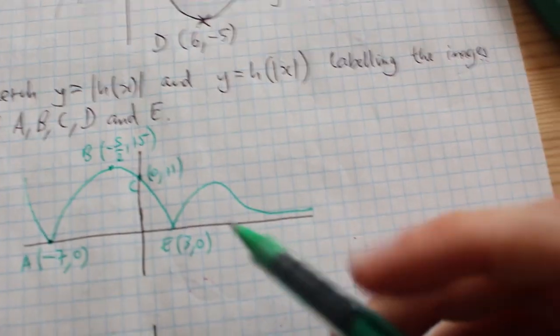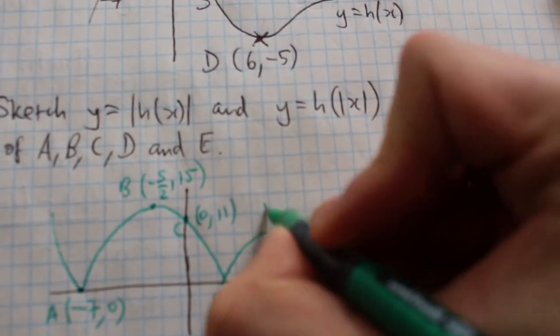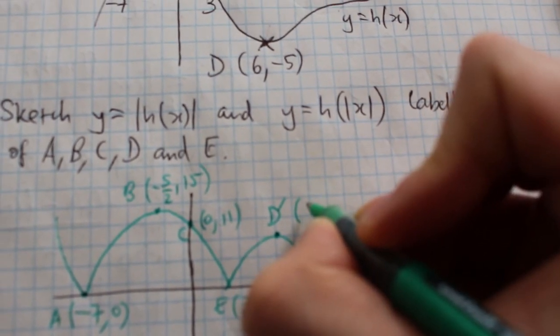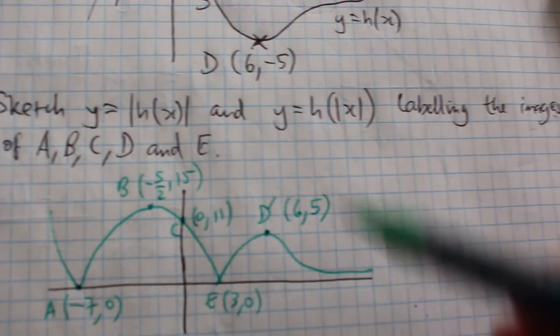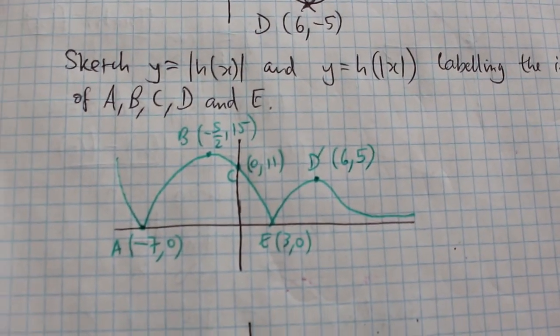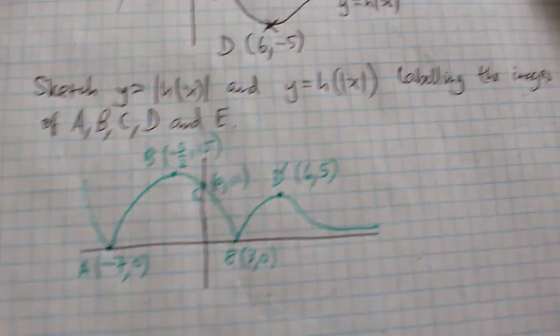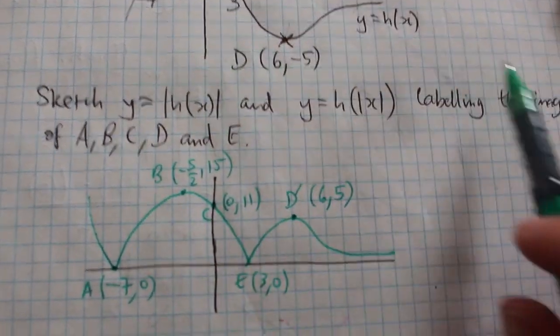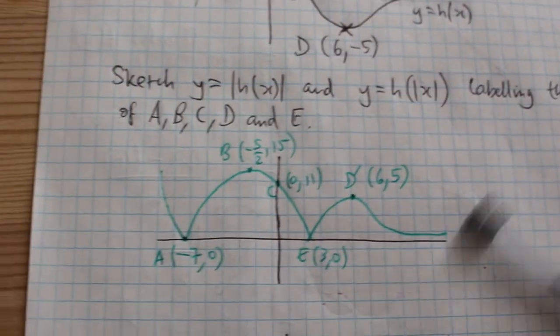But then this point D now moves up. So the image of D, I'll call it D prime, becomes 6, 5. So this negative y coordinate becomes positive. And the asymptote is still in the same place. But obviously if the asymptote was somewhere else, if it were lower down, it would become a positive value.